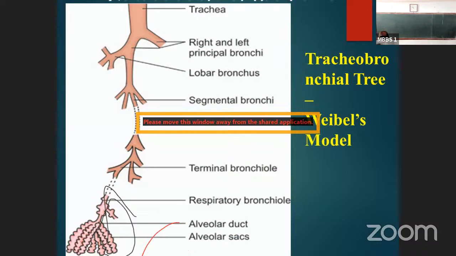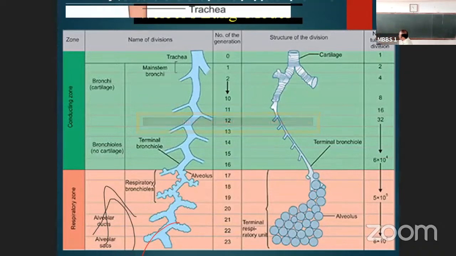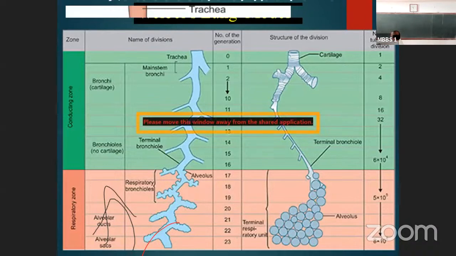Now we understand with the help of the diagram, it will be better understanding. First, they have divided the name of the division, the name of the generation, and the structure of the division. Is it clear? So first we are going to talk about the zone. First is the conducting zone, second is the respiratory zone. They have shown that the trachea gets divided and forms first the principal bronchi, second the lobar bronchi, and third the terminal bronchi.